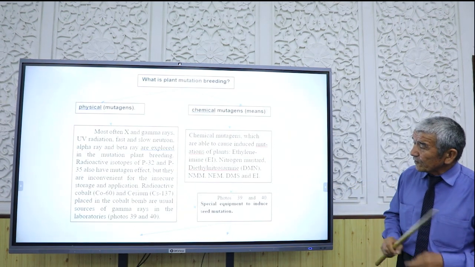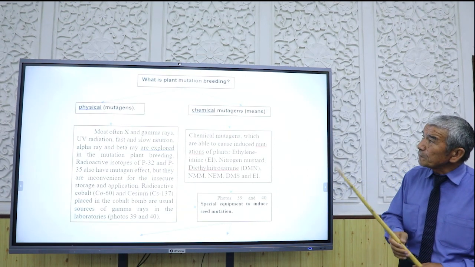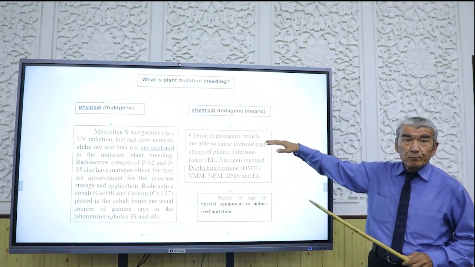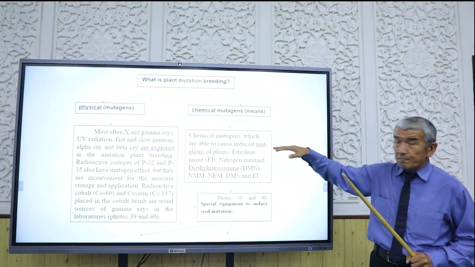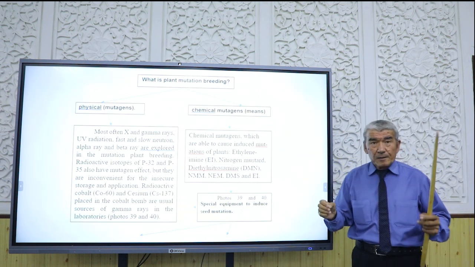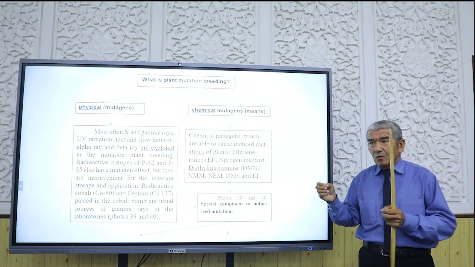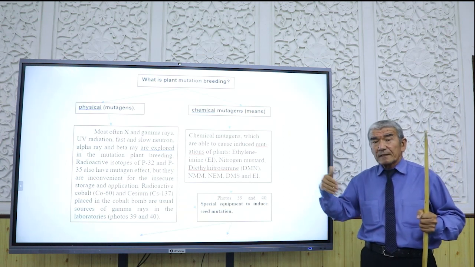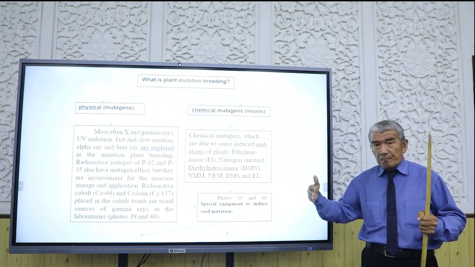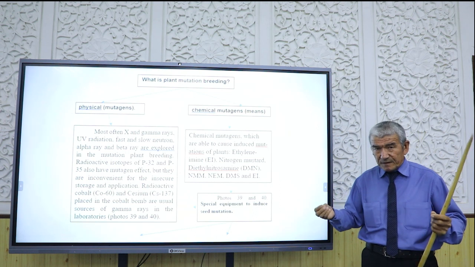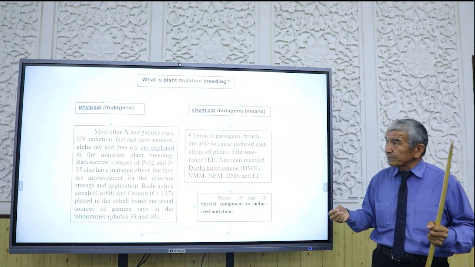And we can see another part, mutation. Mutation is caused by sudden or spontaneous changing of the genetic material of cells, of organisms.